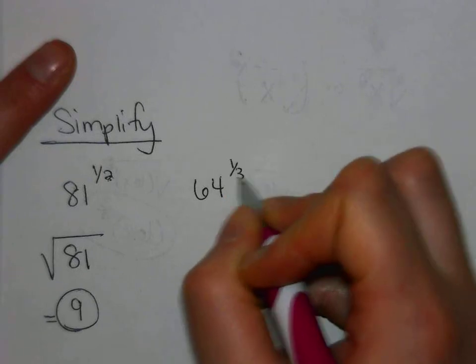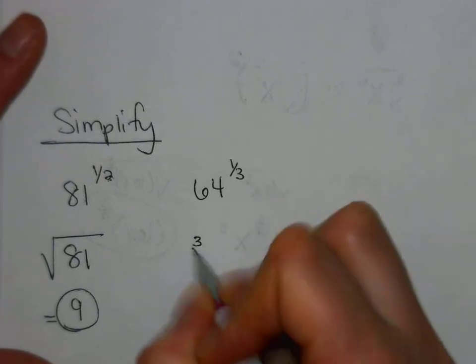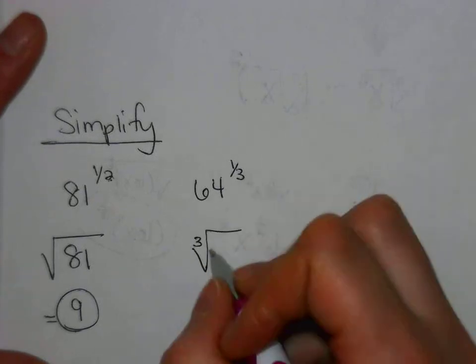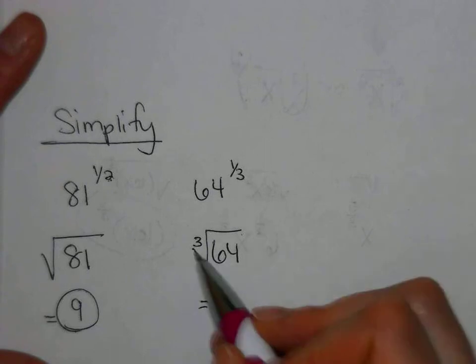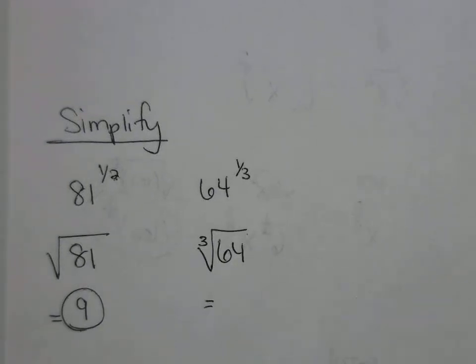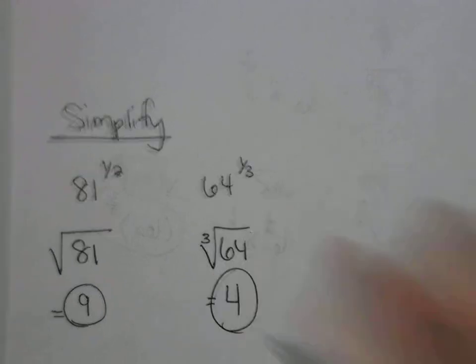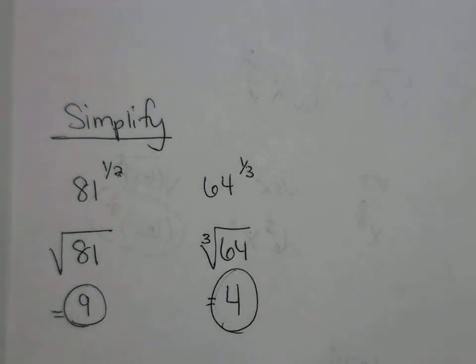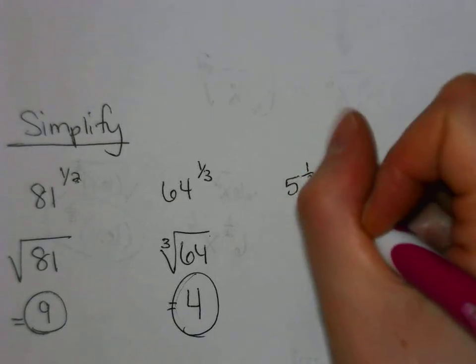So let's look at 64 to the 1/3. Well, we need a root of 3, because our denominator is 3. It's 64 to the first power. The third root of 64, we can use our calculators. We know it's 4, so that's the answer. What if we had 5 to the 1/2 times 5 to the 1/2?